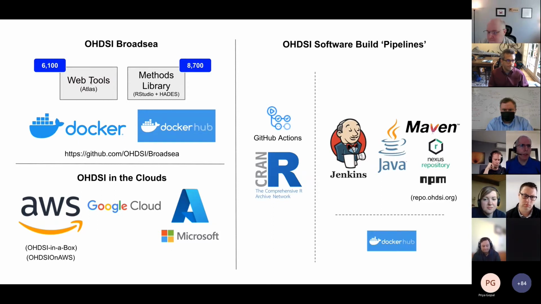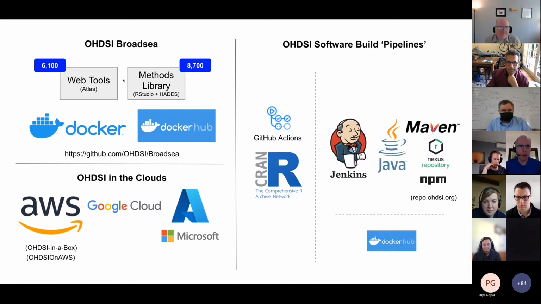And we've had 6,100 downloads of the web tools of Atlas and 8,700 downloads of the methods library, which probably should now be renamed to Hades, just to match that. And these Docker containers can be installed anywhere that you have a Docker engine running.